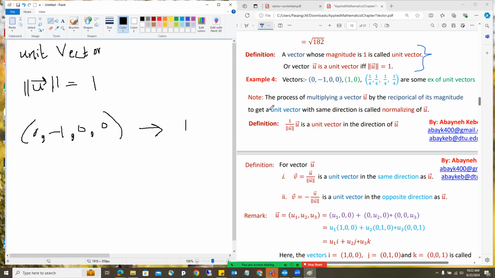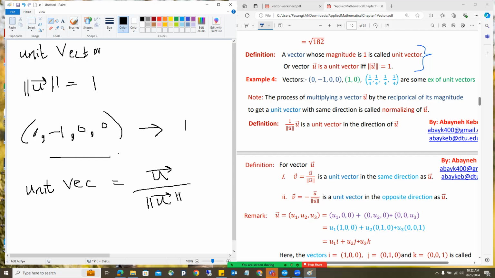The process of multiplying a vector u by the reciprocal of its magnitude gives a unit vector. To find out the unit vector, this one is important. How are we going to find this unit vector? The given vector u should be divided by the magnitude of that vector.